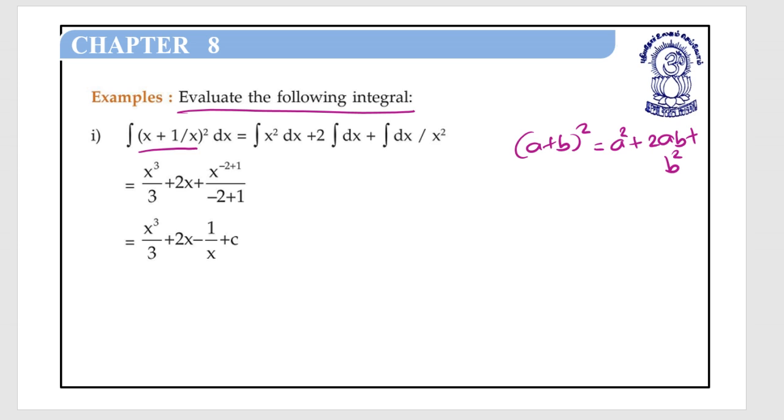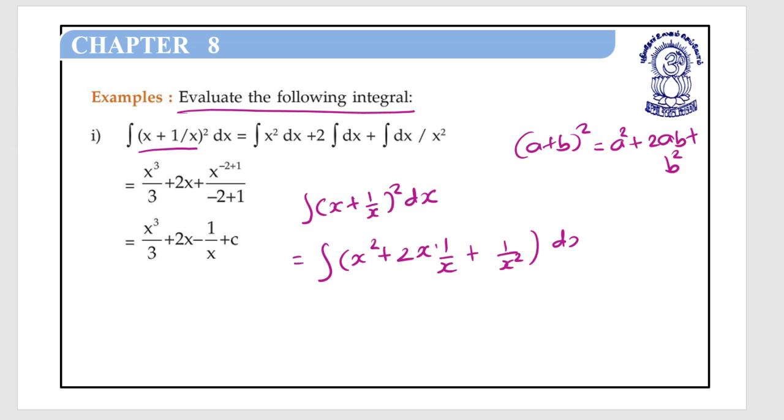So using this, x plus 1 by x whole square dx is equal to x square plus 2 x into 1 by x plus 1 by x square dx. x cancels, so integration of x square dx plus 2 dx plus integration of 1 upon x square dx.